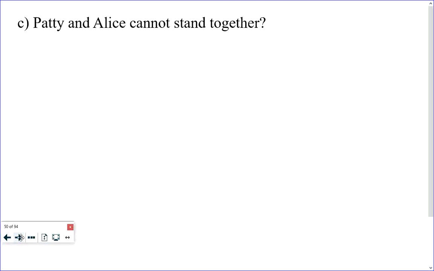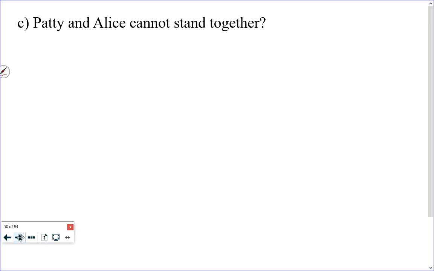All right, now the one that requires today maybe the most thought. Patty and Alice cannot stand each other. They cannot stand next to each other. And there's only one way that I would recommend doing this.